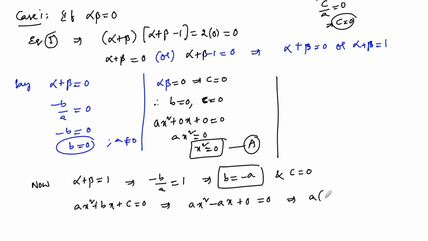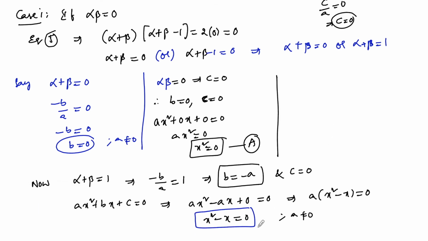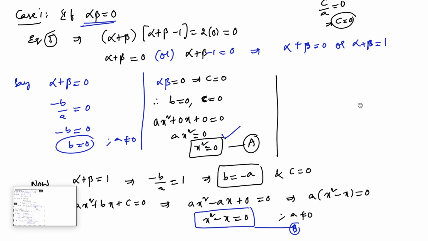So if we take a common, x square minus x is equal to 0, since a not equal to 0. We can consider this equation as the next one, that is B. So we got the first equation, x square is equal to 0, and the second equation, x square minus x is equal to 0. So this is under the case alpha beta is equal to 0. Now let us consider another case, second case, that is alpha beta is equal to 1.